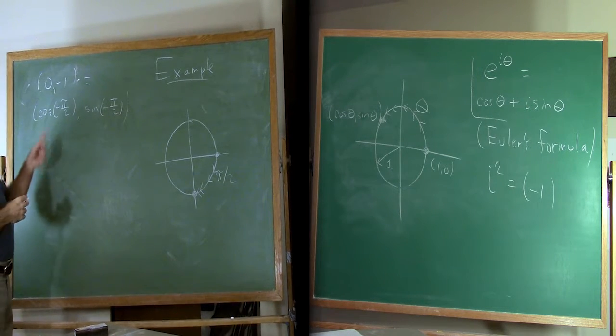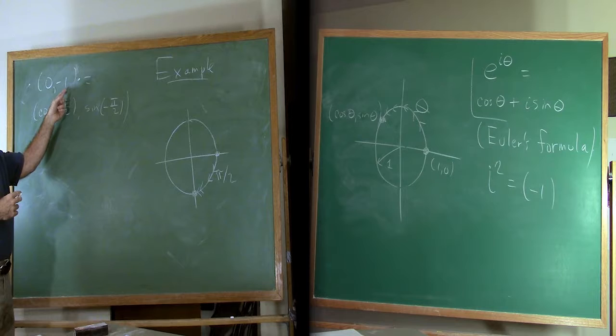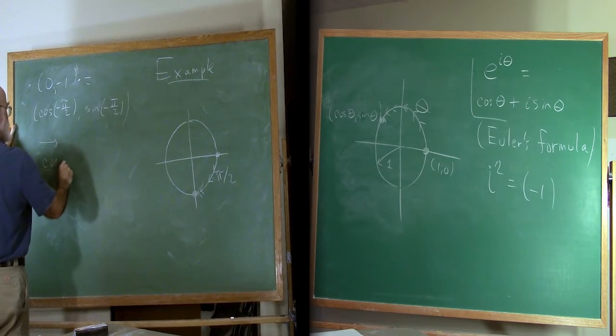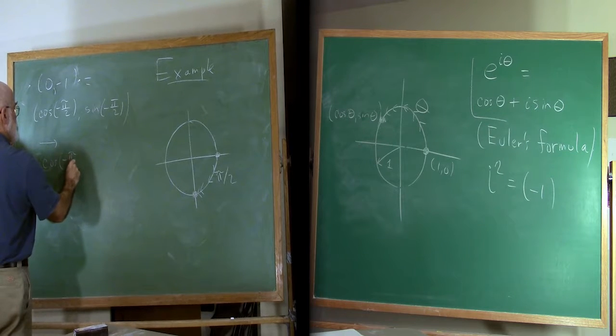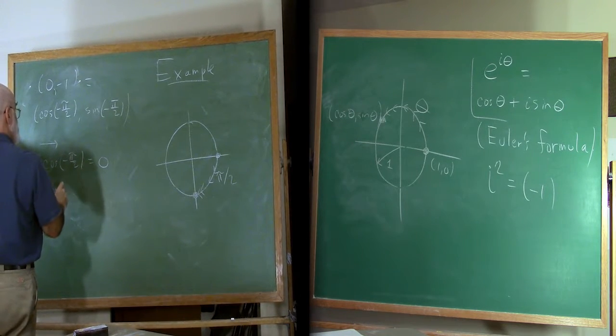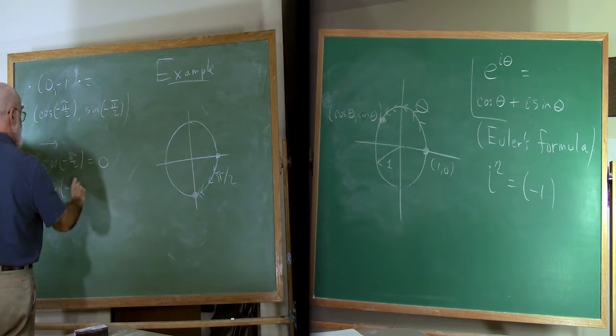And as usual, we can pull out the separate cosine and sine. Cosine of negative pi over 2 is 0. Sine is negative 1.